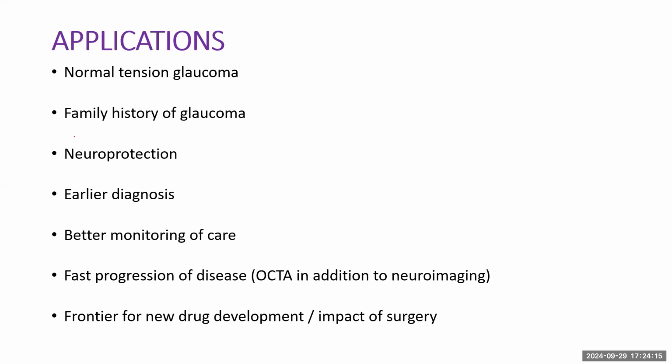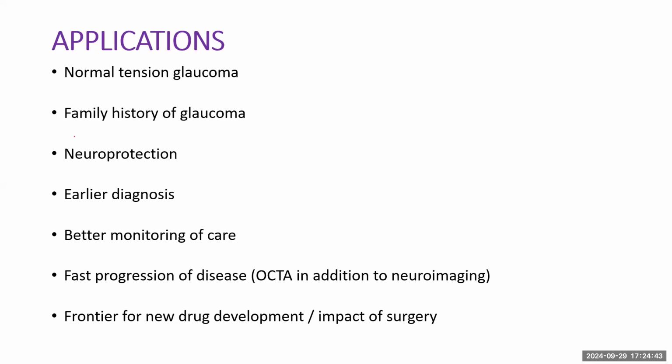Family history: if members of a family can be checked and you see that their vessel densities are low, even when they've not developed the clinical signs of glaucoma, we may be able to start looking forward to additional care in addition to pressure lowering, like Prof has actually buttressed in her contribution. So neuroprotection, early diagnosis.